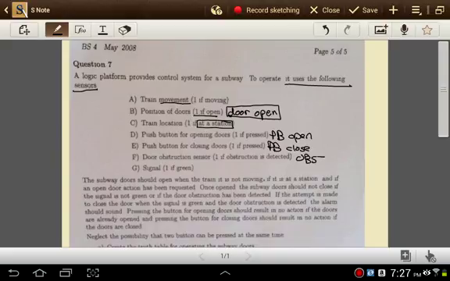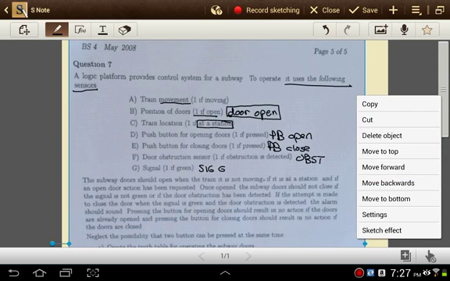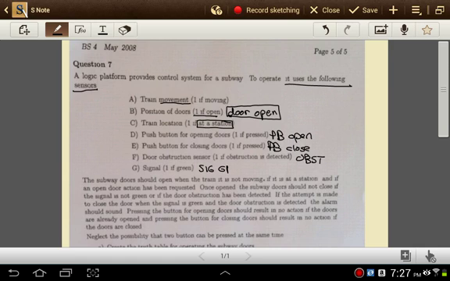And then signal 1 if green, so I'll say sig green.